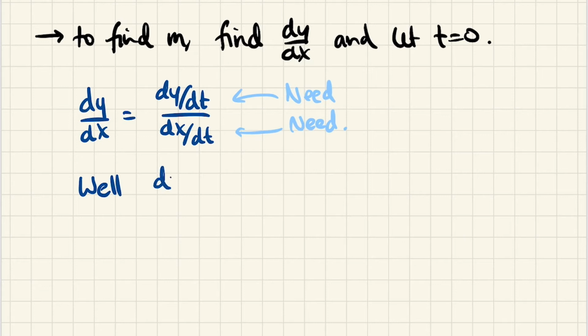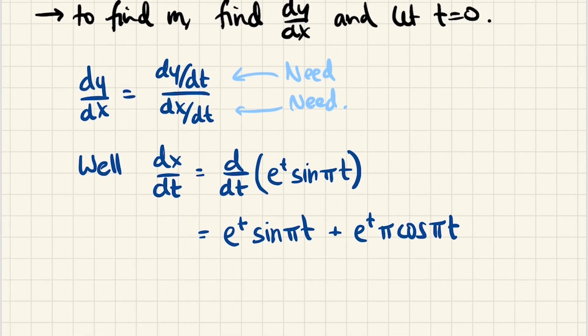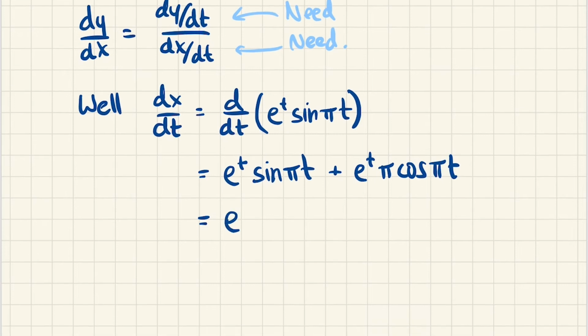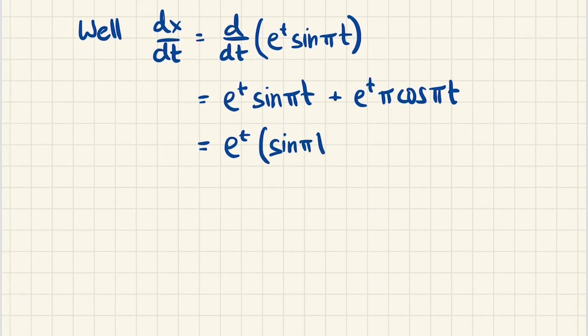All right, well, dx/dt is the derivative with respect to t of the x function. So that's the derivative of e to the t sine of pi t. We'll need the product rule here: the derivative of e to the t times sine of pi t, plus e to the t times the derivative of sine of pi t. And I'm not sure if it'll be helpful, but let's factor e to the t out because it looks like it wants to do that.